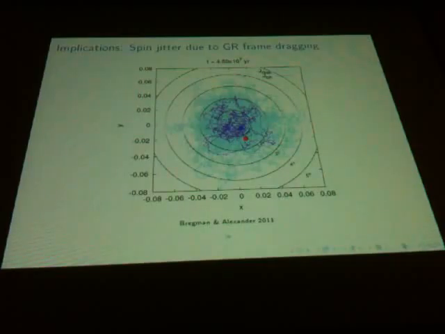Over 1 Salpeter time, which is the time it takes for the disk to gain mass by a factor of e, the pale blue line is the scatter in the direction of the normal to the disk, and the red and the purple line is the resulting scatter in the direction of the spin of the central black hole.